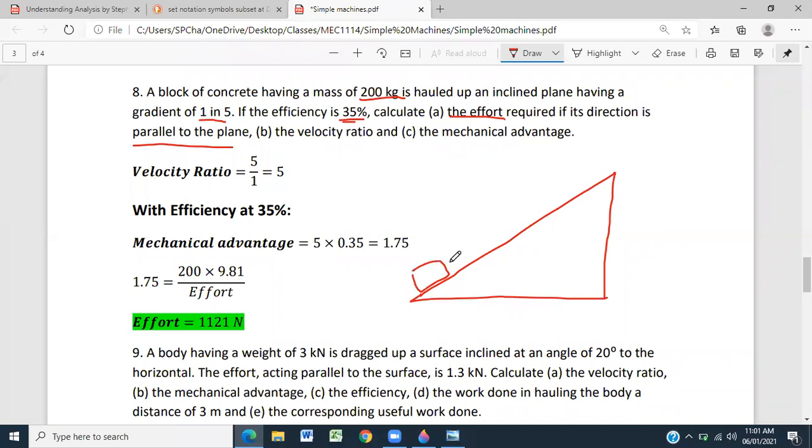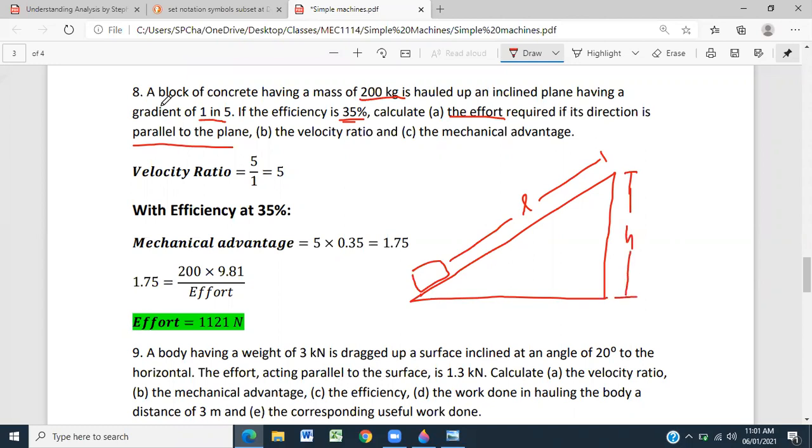And we're pushing it along this length, along some length L, up to here. So that's the distance traveled by the effort. And the useful work done, the distance traveled by the load, even though the load is traveling the same distance, what we gain from it would be equal to the height.